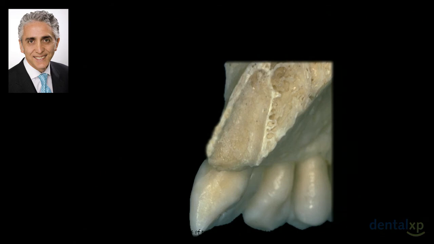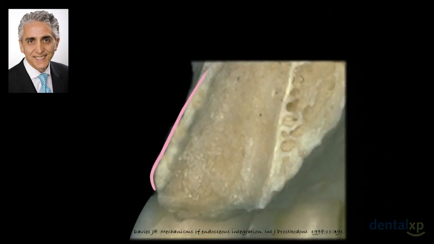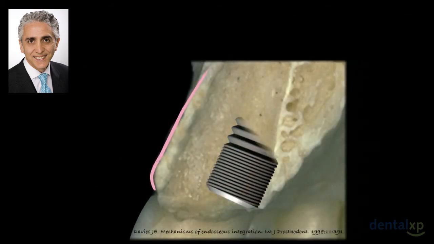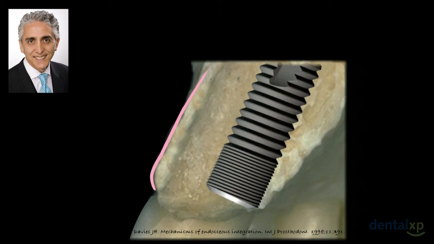So let's examine this a little bit more closely. You see, when we place the implants, Jan Lindhe... Judd Davies has described 2 forms of healing in an extraction socket. One that he refers to as contact osteogenesis is the new or de novo bone formation directly on top of our implants.